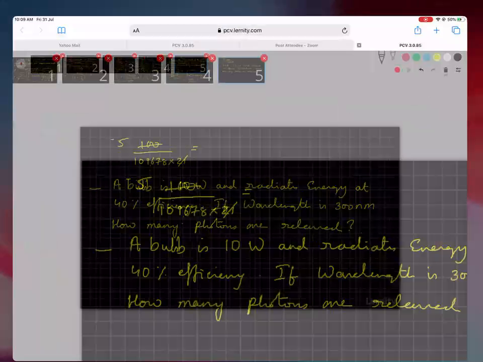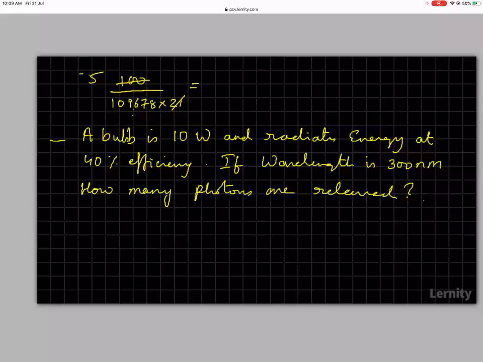A bulb is 10 watts and radiates energy at 40% efficiency. That means, if it was 100% efficiency, it would have released 10 watts. But now it is only 40%, so it is going to release 10 into 40 by 100, which is equal to 4 watts.